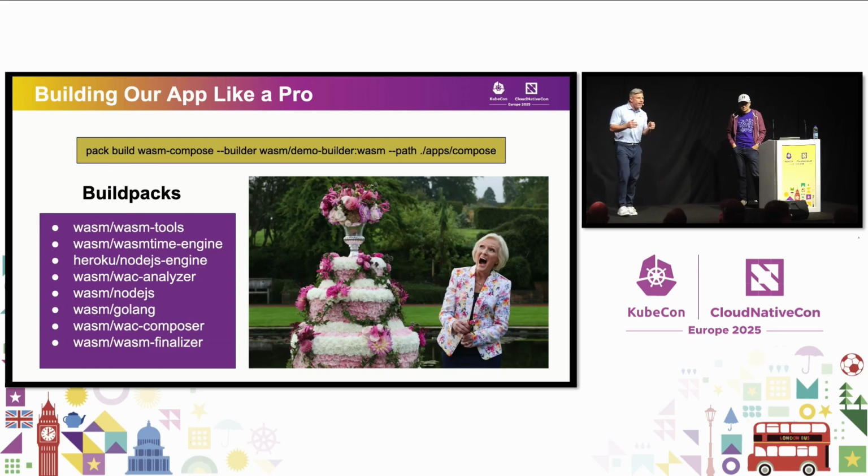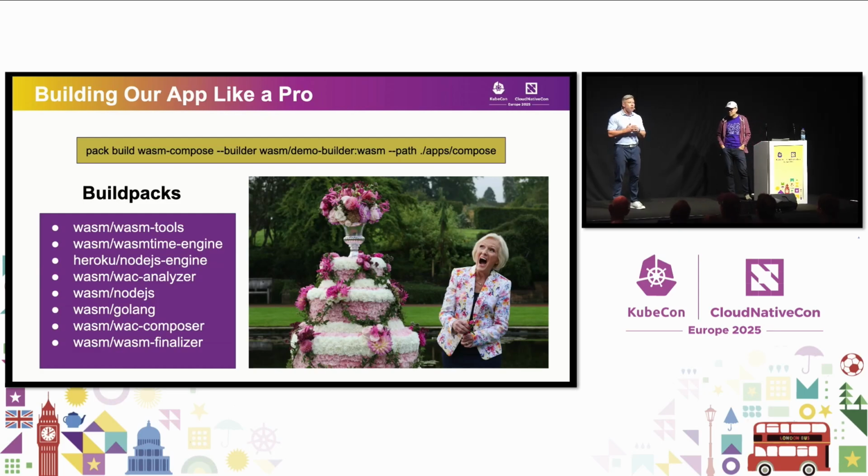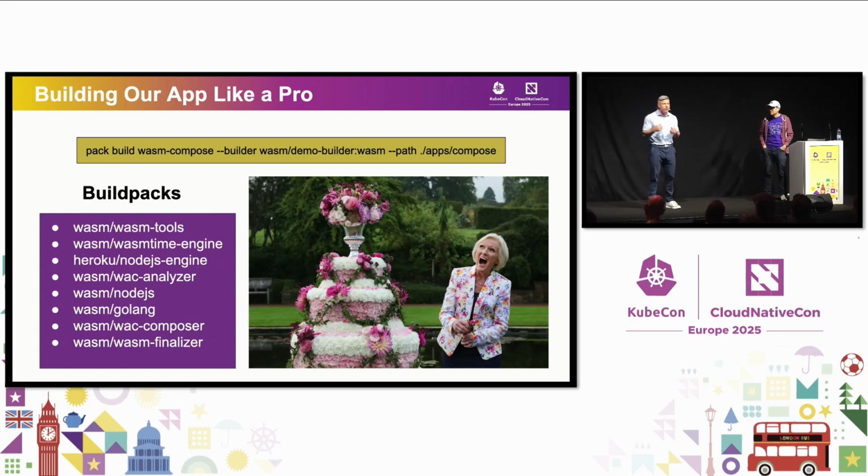Then we have the WAC Analyzer, and the WAC Analyzer goes through and takes a look at your project to understand if it's a mono repo filled with multiple components. The Wasm Node.js buildpack understands how to deal with a mono repo with a Node project a little bit further down the tree. And then same thing with Golang, almost the same reason.